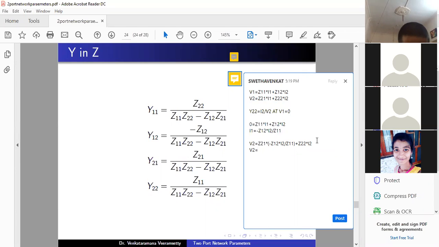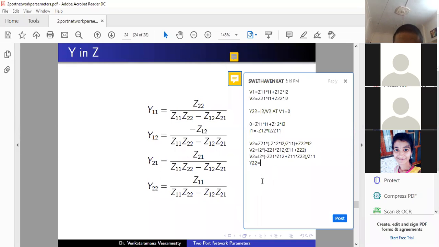So V2 equal to, if you take I2 common, then we have minus Z21 multiplied with Z12 divided by Z11 plus Z22. Take LCM, then we have V2 equal to I2 multiplied with minus Z21 multiplied with Z12 plus Z11 multiplied with Z22 divided by Z11, right?